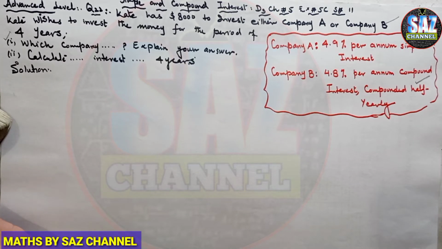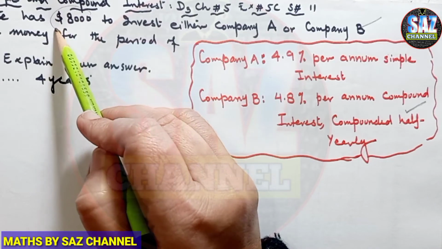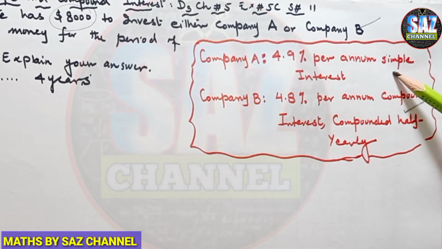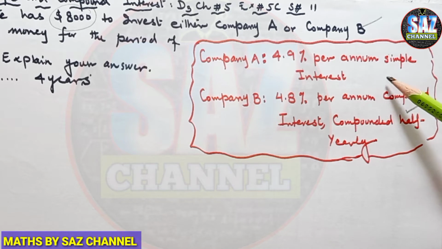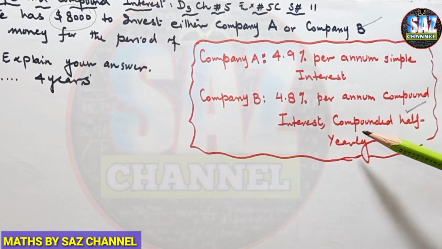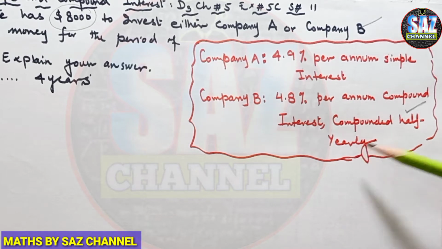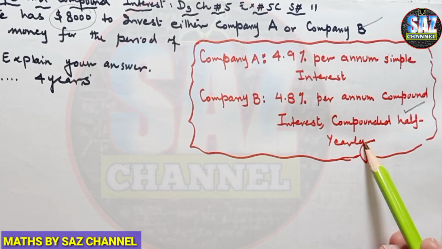Okay, so let's move to the solution of the question. Kate wants to invest $8,000 in any one of these companies. If she is choosing company A, she gets interest with the simple interest rule, and if she is investing with company B, then she gets compound interest with the interest rate compounded half yearly.